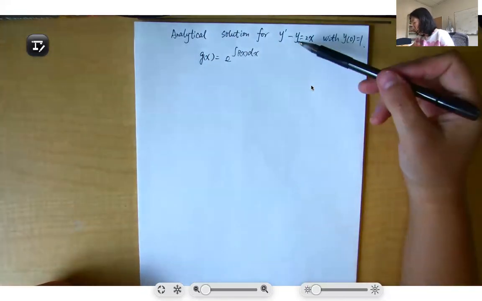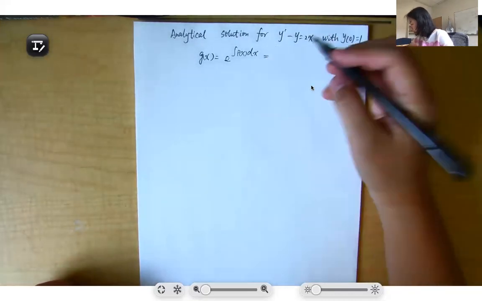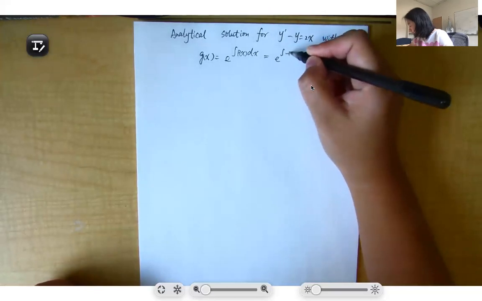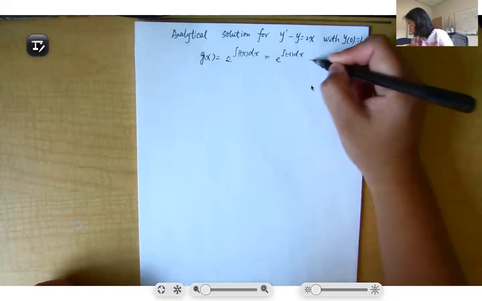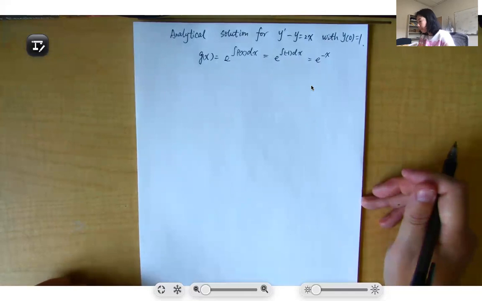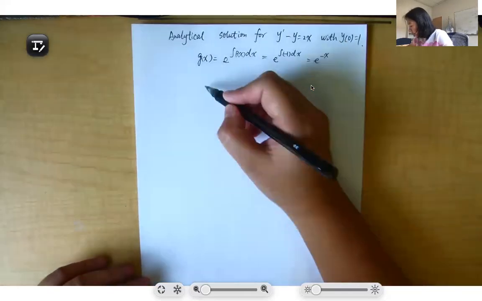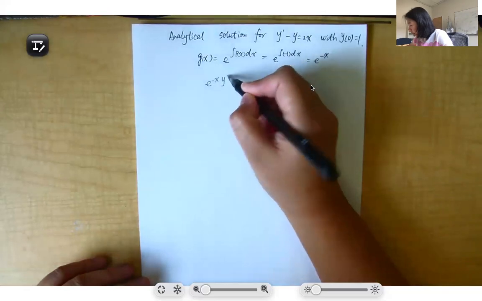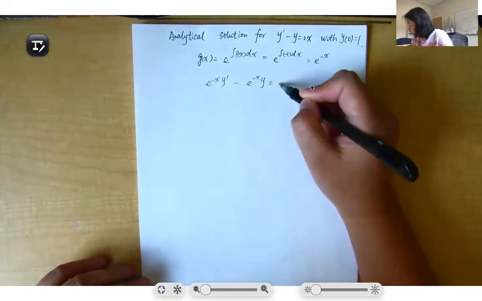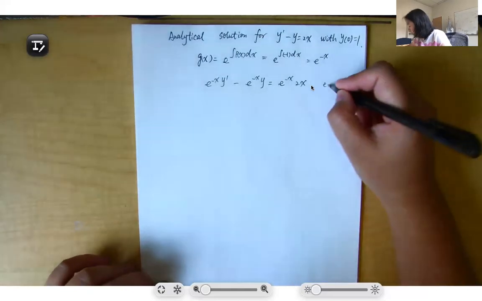And you know p(x) is minus 1 here. So e to the integral of minus 1 dx, that is e to the minus x. So it's very simple for this g(x). After you have this integral factor, e to the minus x y prime minus e to the minus x y equals e to the minus x times 2x.